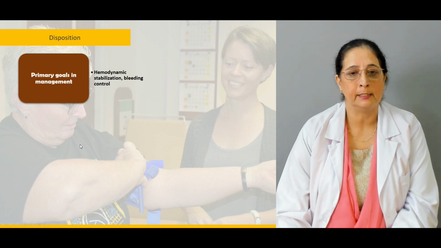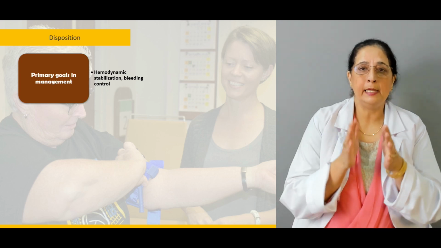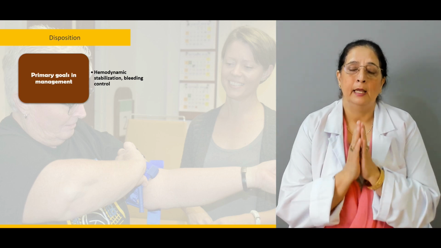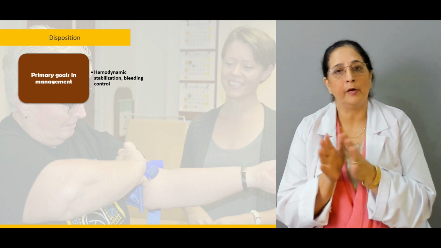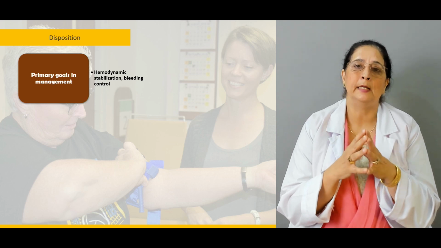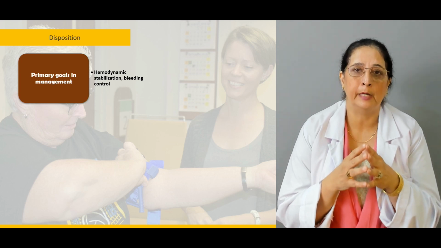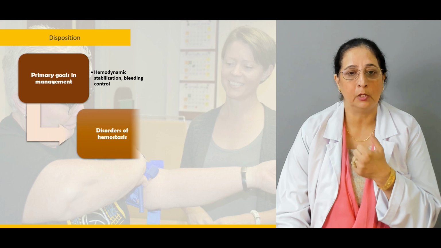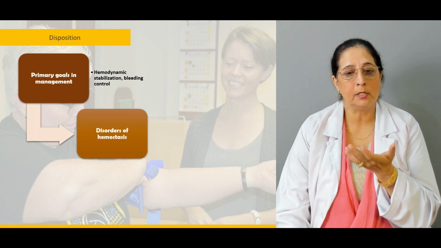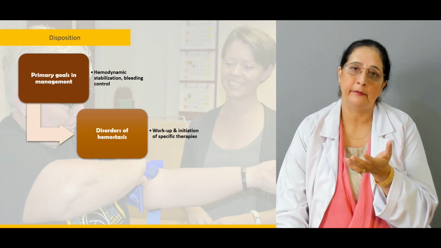Then disposition of the patient. Primary goals in the management: hemodynamic stabilization, bleeding control. Any patient with acute bleeding, whether mild, moderate, or severe, the primary goal is hemodynamic stabilization, or to control the blood loss. That's the most important goal of the therapy. Disorders of hemostasis, workup, and initiation of specific therapy.